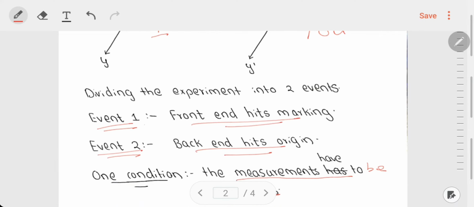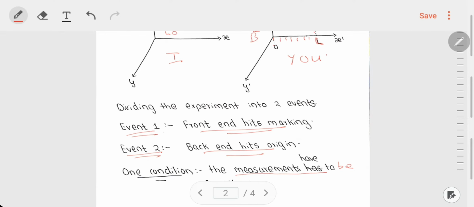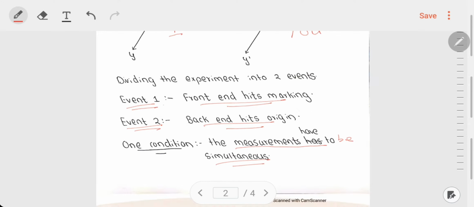This is the condition because when we measure lengths on a graduated scale, we can measure the length of the object only when the front end and the rear end hit the markings at the same time. If we observe them at two different times, we are obviously not measuring the length of the object. So let us move further.